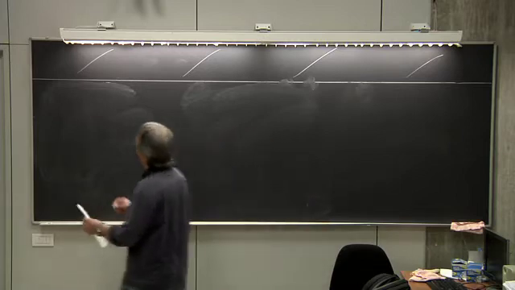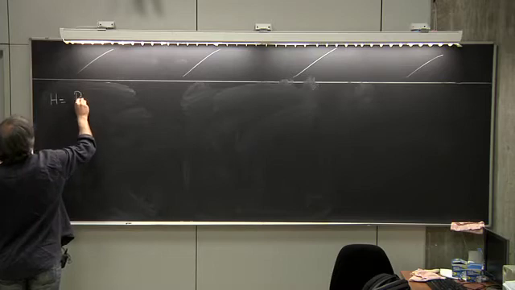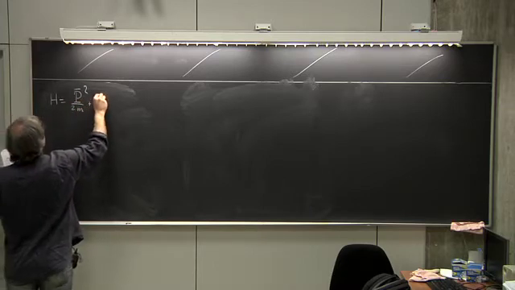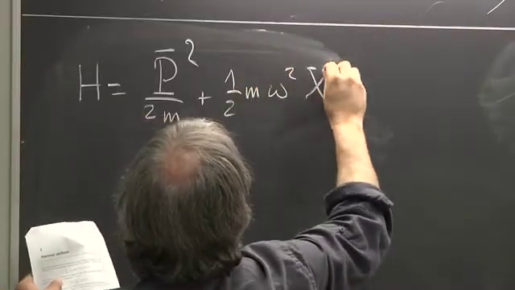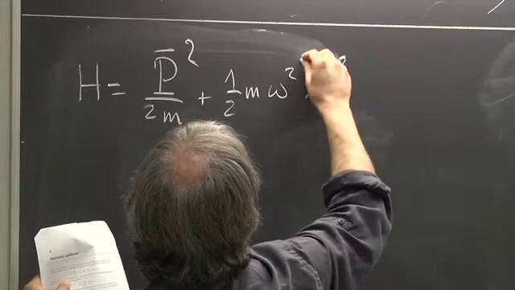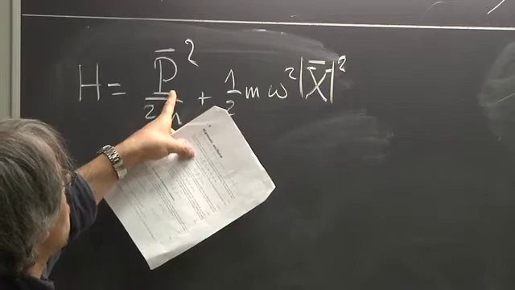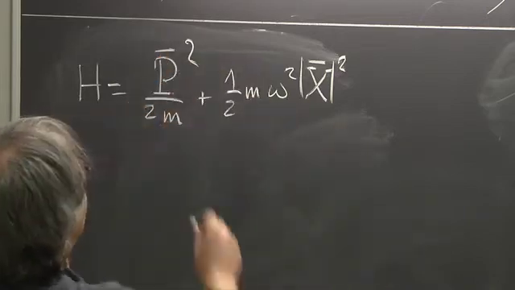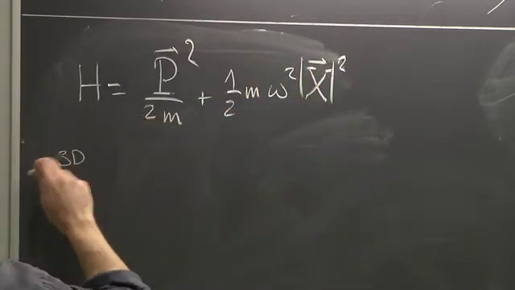You have some Hamiltonian, okay, that is momentum squared over twice the mass plus 1/2 m omega squared coordinate squared, okay? Now, I'm writing them, first of all, in capitals, for a reason that we will understand soon, and in general, as three-dimensional vectors, okay? So this would be the three-dimensional harmonic oscillator.